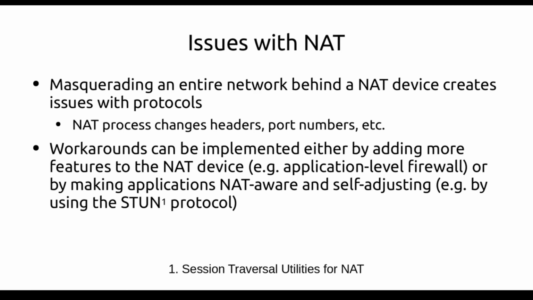One way is by adding more features to the NAT device itself, so adding application-level firewalls that actually work at layer 7 and know how to handle different common network applications. Or by making the applications themselves NAT aware, so that they can adjust themselves to the NAT environment. One way that this is possible is using something called Session Traversal Utilities for NAT, or the STUN protocol.